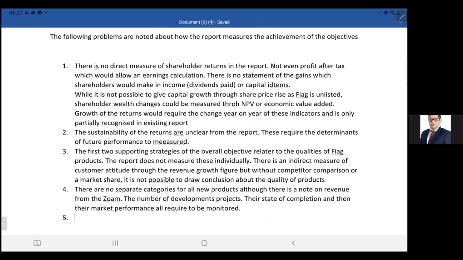Okay. And then there is no measure of the customer base, and so the broadening of the customer base cannot be commented upon.